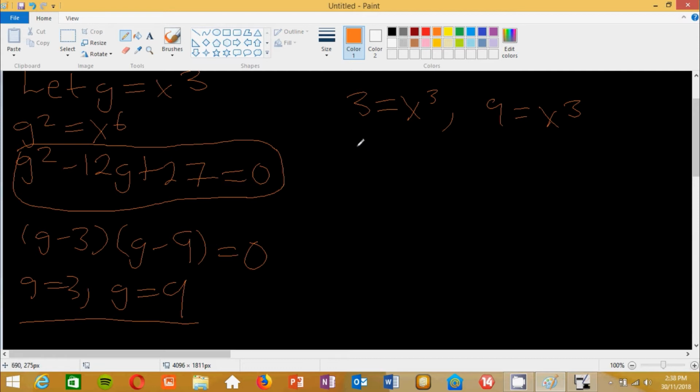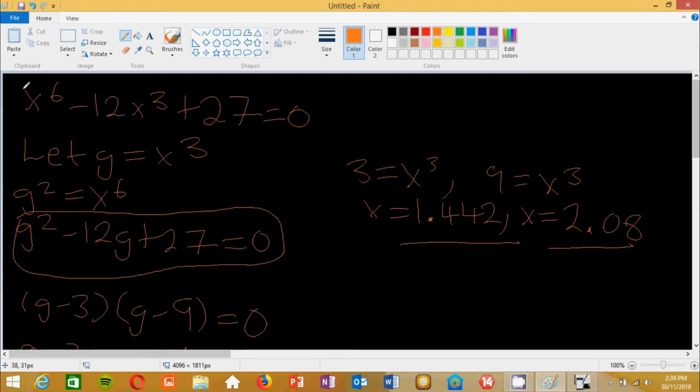And what am I going to get? x is equal to 1.442, and x is equal to 2.08. Those are the two solutions to this equation.